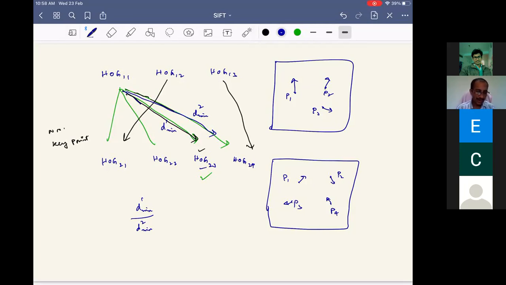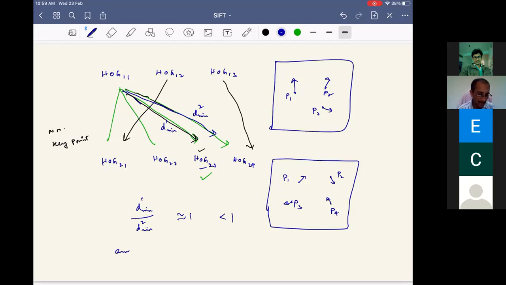D minimum 1 by D minimum 2 is close to 1. If D minimum 2 is much different from D minimum 1, then the ratio will be less than 1. That means D minimum 1 will be very small, the first minimum is very small, and the next minimum will be a little farther. So in that case, this is less than 1.